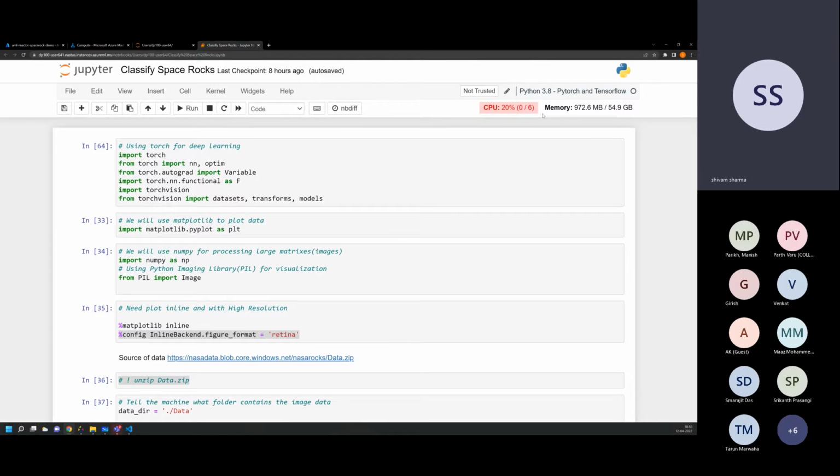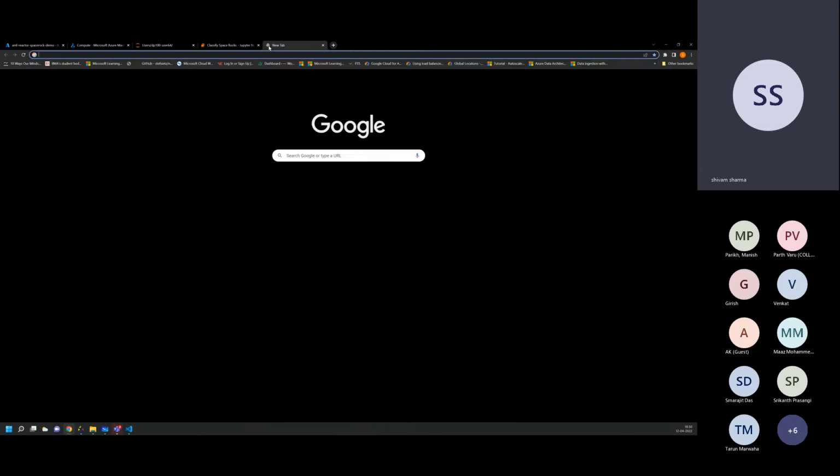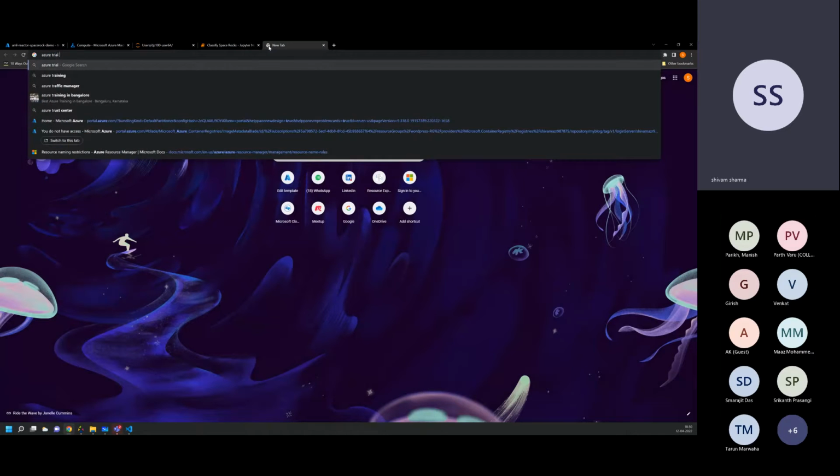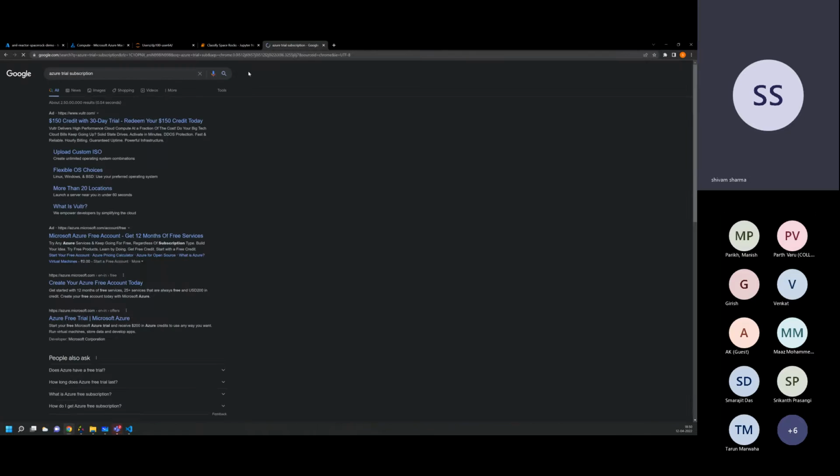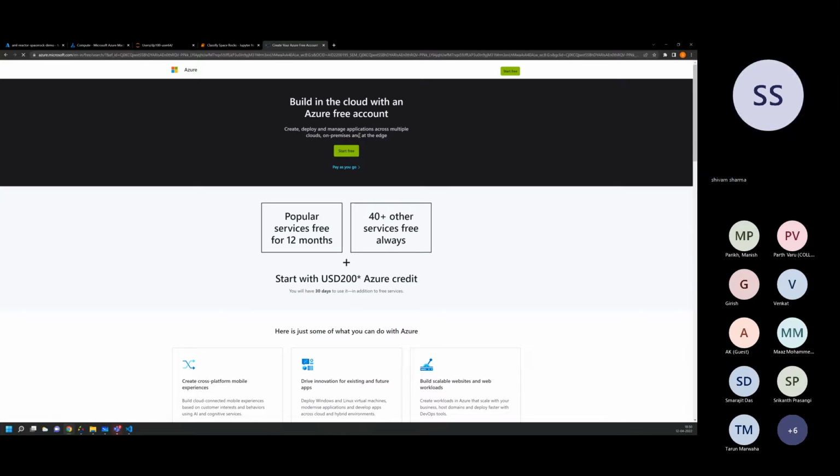The data is not that huge. You definitely can do it with that. And for others who are thinking of how to do this, you can go for the Azure trial subscription. This is the one which you can use over here for trial purposes. Thank you.